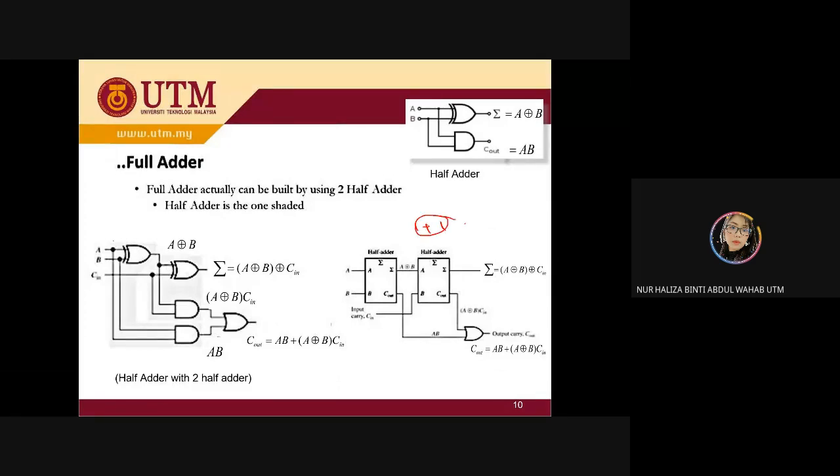If you try to put in the value just now, let's say 1, 0, 1. Carry in is 1, B is 0, A is 1. For example, here A is 1, B is 0. What is the answer? 1 here. 1 and 0 for XOR.